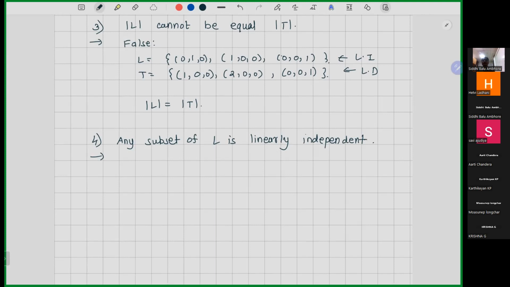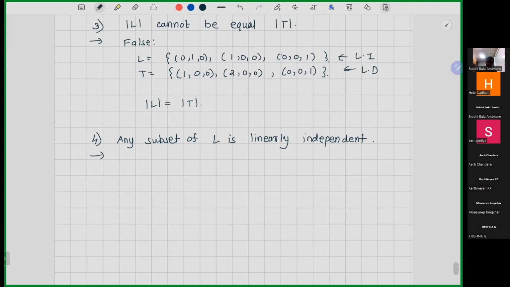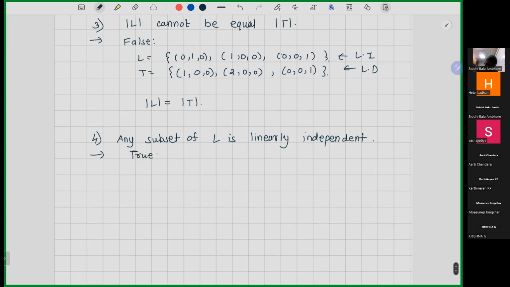So what is your guess? It's true. Karthikeyan said that it's true. Yes, Aarti also said that it's true. So this is a true statement.